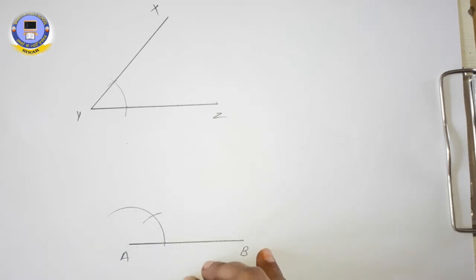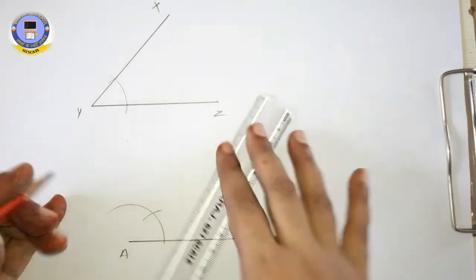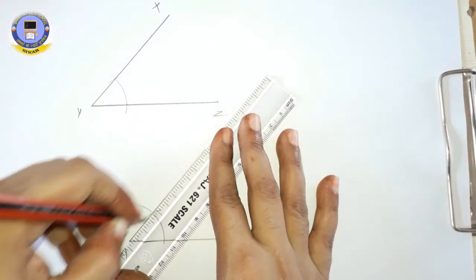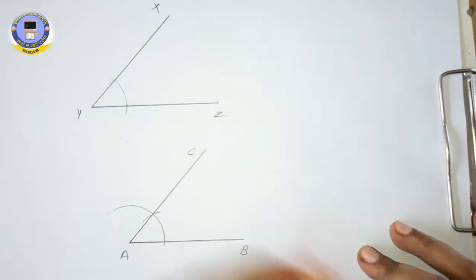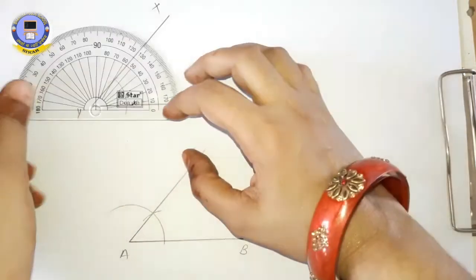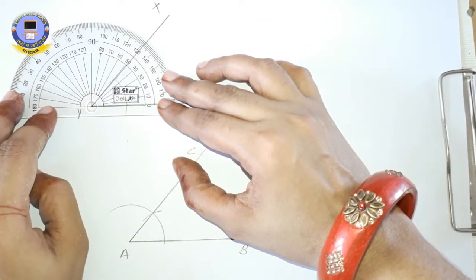Now join it with the help of a scale. When we join it, we get an angle. Label it as C. When you measure with a protractor, you will get both angles approximately the same.